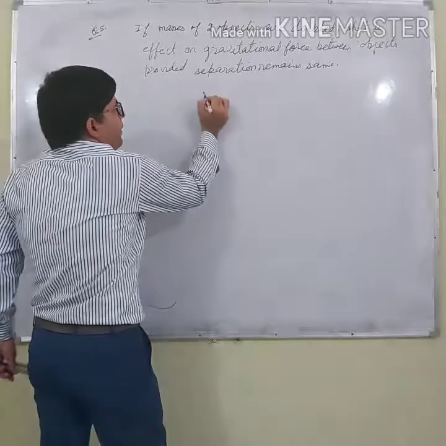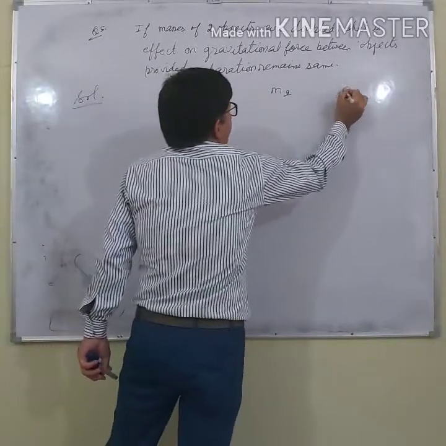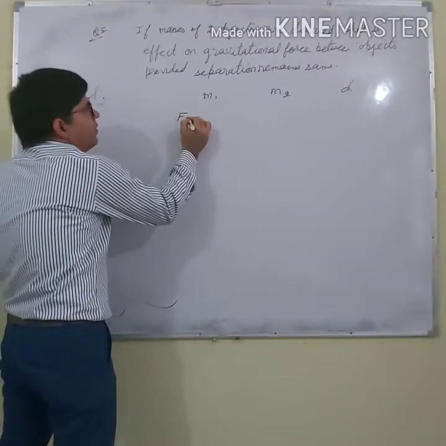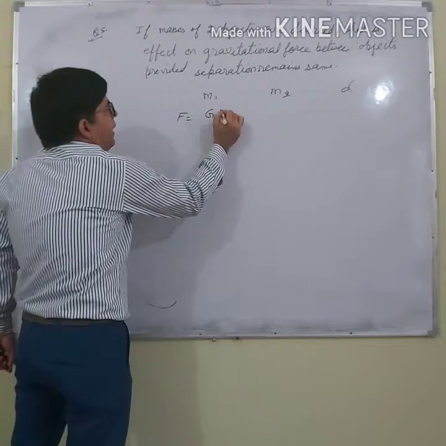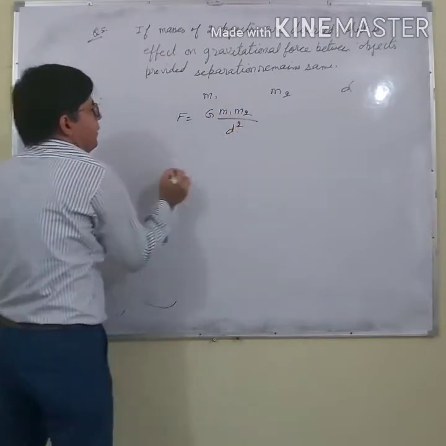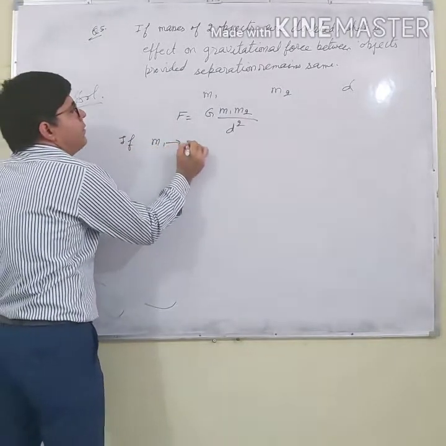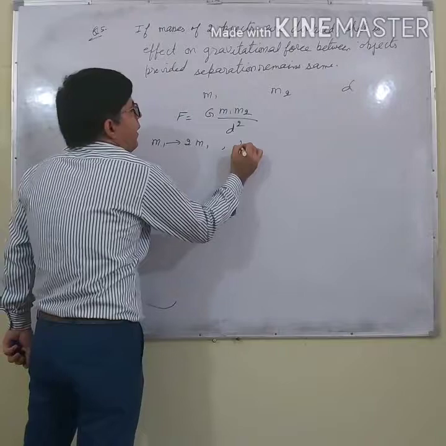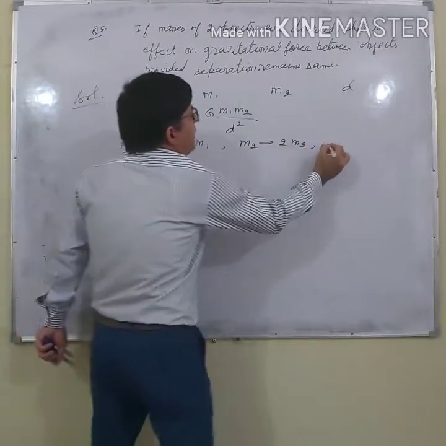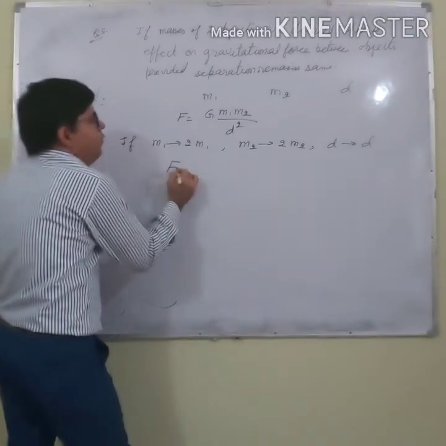Let us say masses are m1, m2 and separation is d. Then the force is capital G m1 m2 divided by d square. Now if m1 is doubled, m2 is doubled, but d remains same. So what is the new force?